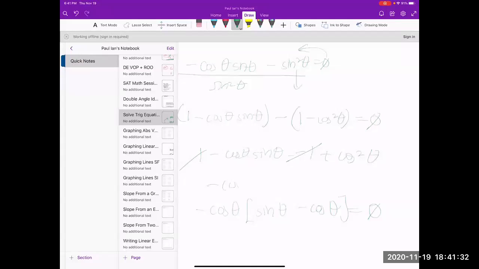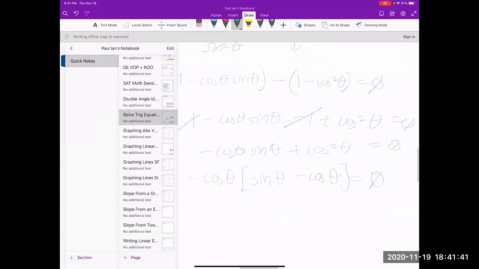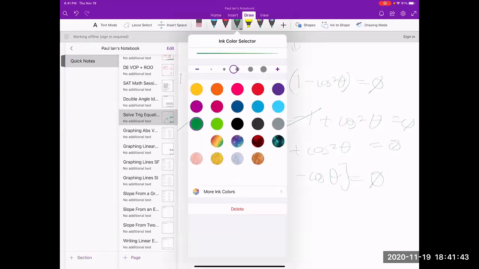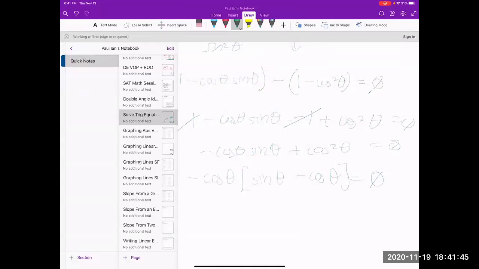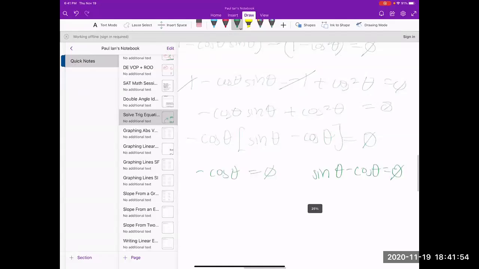There you go: 1 minus cosine theta sine theta plus cosine squared theta equals 0. And then you factor out a minus cosine. So minus cosine theta equals 0, and then sine theta minus cosine theta equals 0.